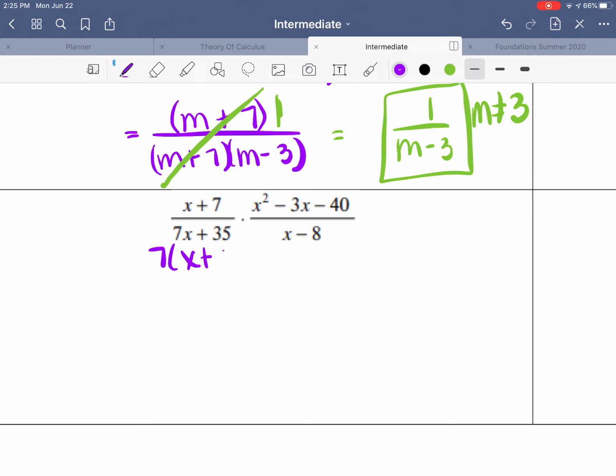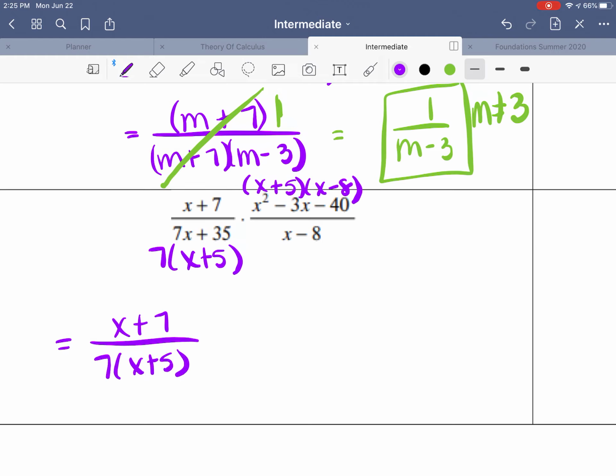We are going to pull out a 7 from here, and then we're looking for factors of negative 40 that add to negative 3. So that's going to be 1 and 40, 2 and 20, 4 and 10, 5 and 8. Ooh, 5 and 8. One negative, so that they add to negative 3 and they multiply to negative 40. I'm going to rewrite this so that it's a little more organized. I'm going to put this in parentheses just because I like that.